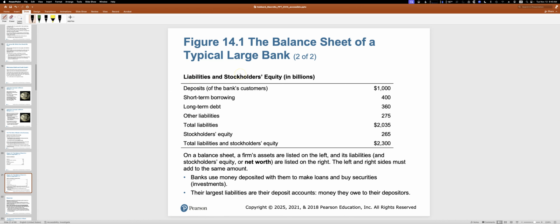So typically the largest liabilities would be things like the deposits, because this is a liability. The bank owes it to the customers. And then banks are allowed to borrow from the Federal Reserve, from other banks and whatnot.